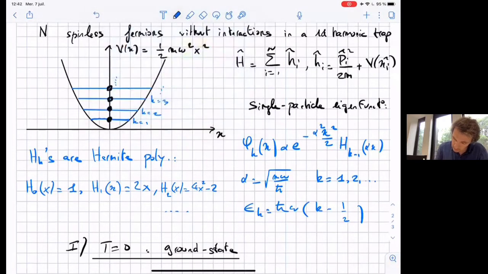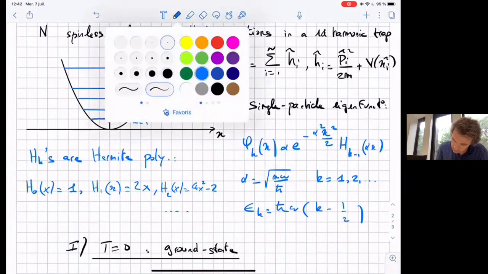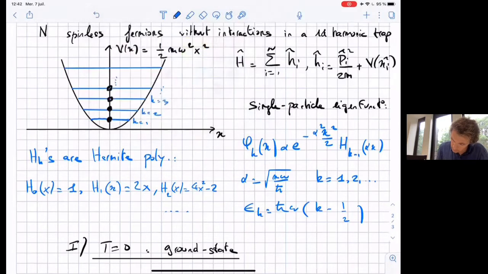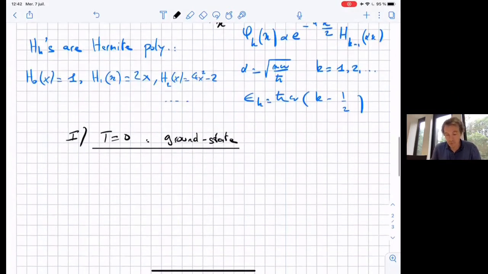And at some point, I will have the Nth level, where I will put my Nth fermion there. Okay, so that's the way I will minimize the energy of the system, obviously.